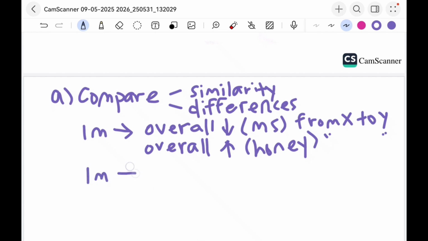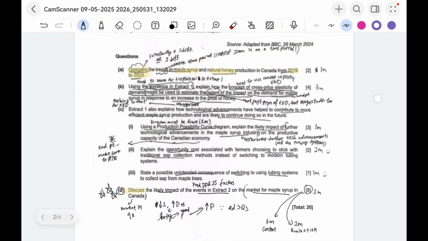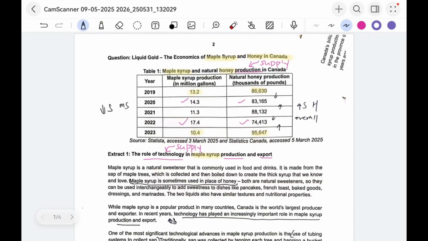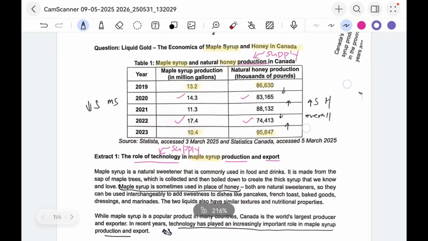So for the second mark, you can talk about the movement, the fluctuation in the production volume for each of the product across the 5 years. So when we go back to table 1, okay, so just to recap, because sometimes we will forget the details, so it's okay to refer back.